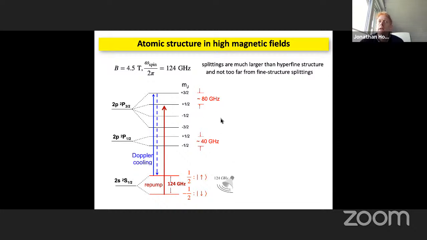In fact they had larger total angular momentum than the P3 halves here. So you can't use a selection rule that will just decay into one state in the ground state, and you can't even tell it to just decay into one of the D states. You have to occupy several. So to do the cooling you will inevitably need multiple lasers to do repumping. You just need many laser systems.